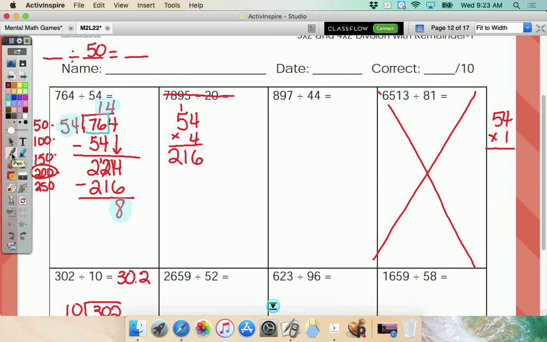And I'm going to pull a stick so someone can tell me what my multiplication problem needs to be as a check. What should I write over here when I check the problem? Divisor times 14. Okay, go ahead and do that. And then we're going to add 8 when we're all done. Is this turtle head multiplication? You don't have to write the turtle head, but you do have to do X's and O's.